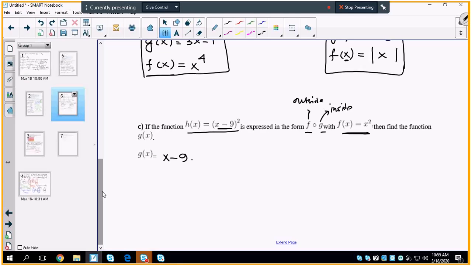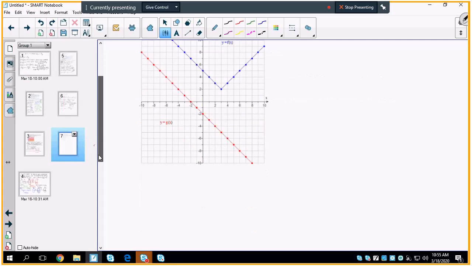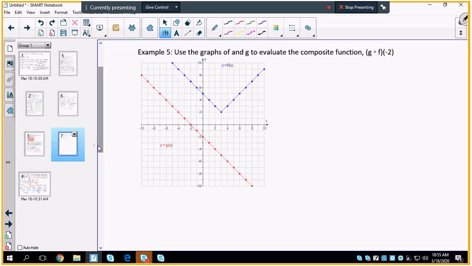Let's do one example of composition from the graph. So I have two graphs. The blue one is the function f of x, and the red one is the function g of x. How do I do it? First and foremost, you write your function, the composition, as g of f of negative 2, because f of negative 2 is the inside input for the function g.